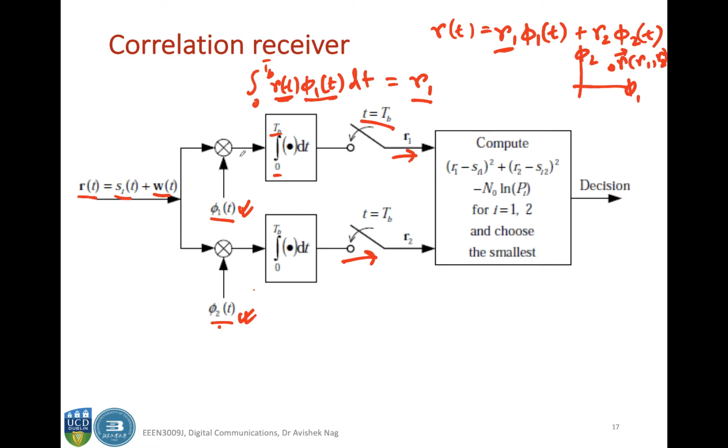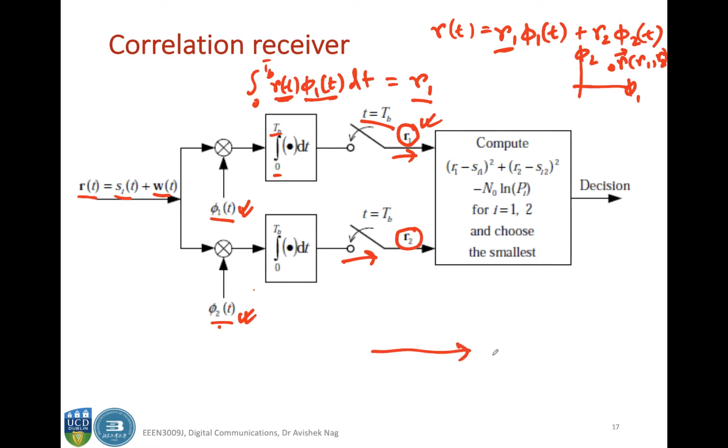Basically these are continuous signals, and if you multiply, integrate and sample every T_B seconds, then you will get these samples of R1 and R2, and you are basically observing these samples of R1 and R2 over time.